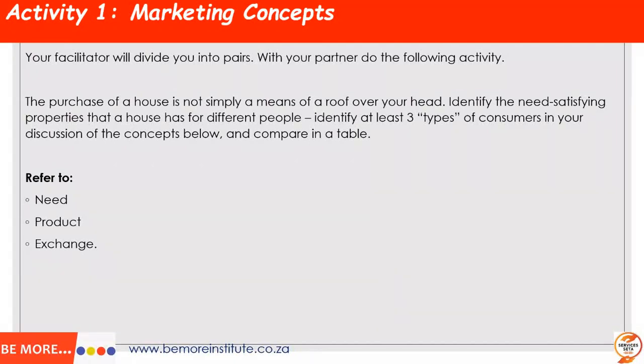So there is some element of esteem and prestige. You're starting to be accomplished. So the exchange is the convenience, the need you're satisfying, the esteem and the prestige, and it demonstrates that you're accomplishing. And the product is that house.